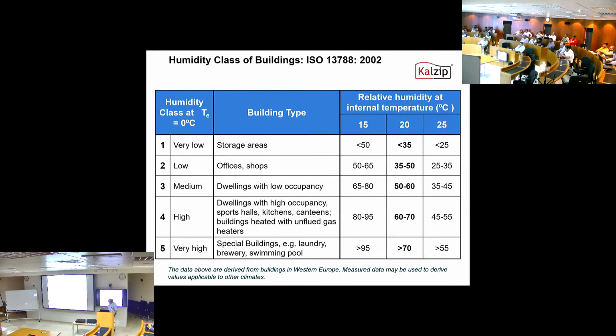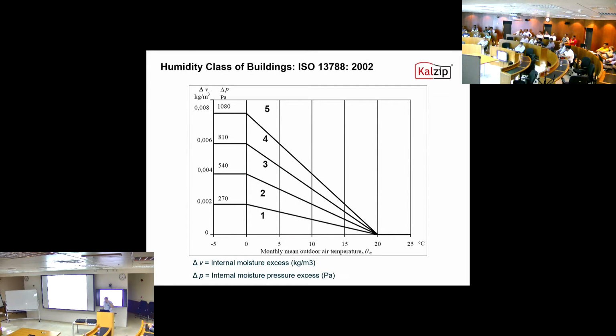These are the internal temperatures you may come across. These are the relative humidity figures. Again, this is showing you what sort of moisture these buildings can have as the temperature changes.